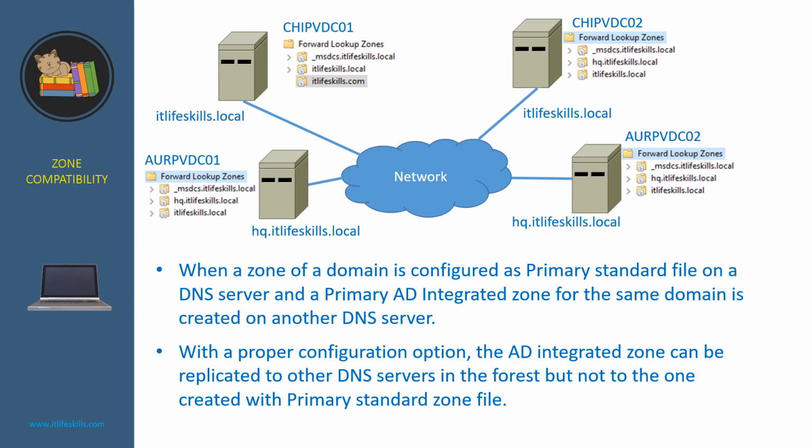Let's learn about the next scenario when a zone of a domain is configured as a primary standard file on a DNS server and a primary AD integrated zone for the same domain is created on another DNS server. For example, we created the domain itlifeskills.com as primary standard file zone on GPVDC01, and we created the same itlifeskills.com as the AD integrated zone on GPVDC02.